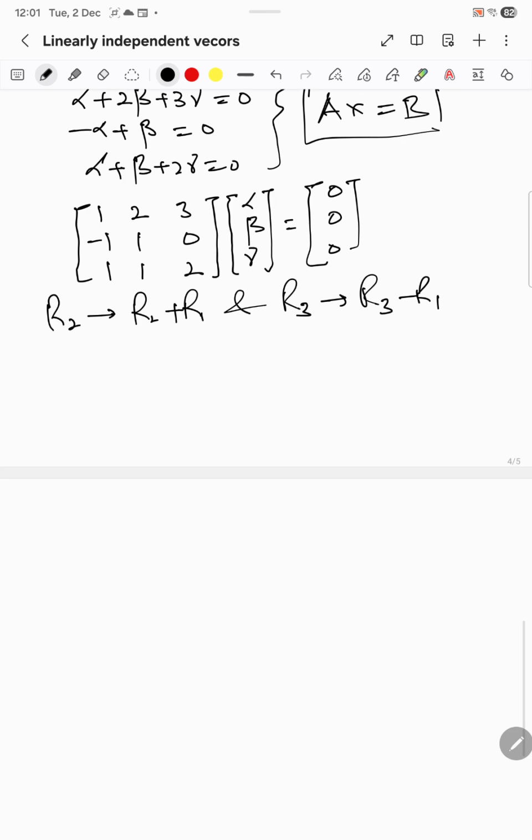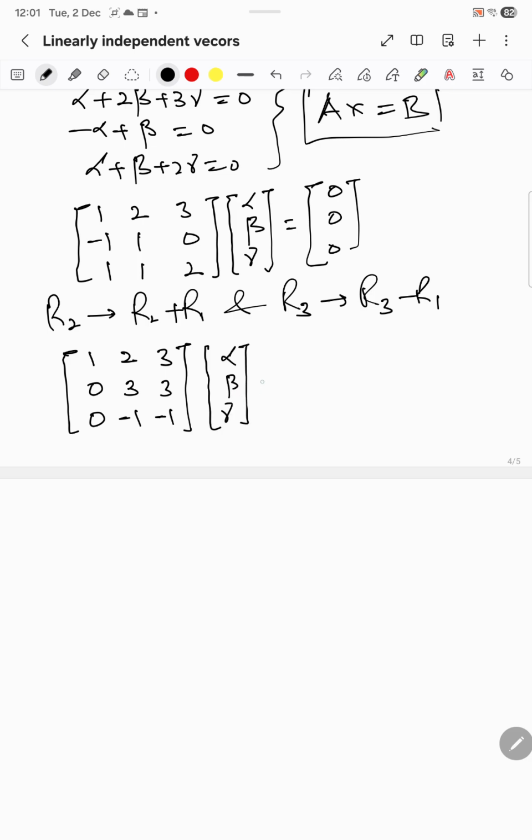This will give us the matrix as 1, 2, 3 in the first row, while in the second row we obtain 0, 3, 3, and here we are having 0, minus 1 and minus 1. And here we are having alpha, beta, gamma, and on the right-hand side we are having 0, 0, 0.